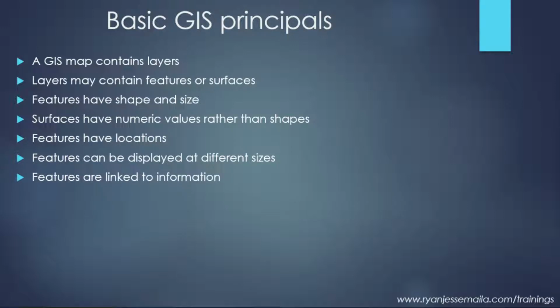So you've seen a lot about a feature. A feature is anything that's physically on the earth. It could be a house, it could be a road, it could be a building, it could be boundaries. Those are features. So it's anything that can be presented or studied or understood.